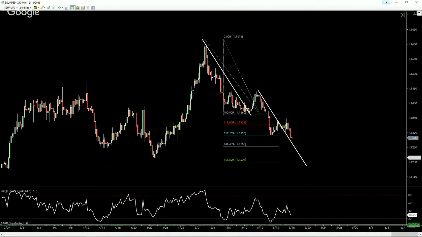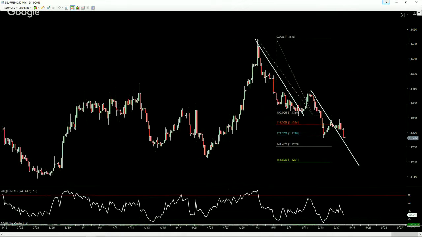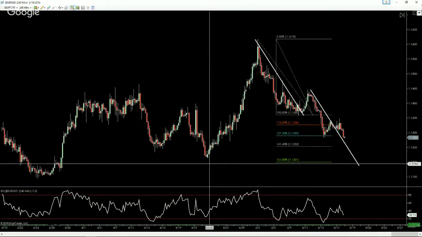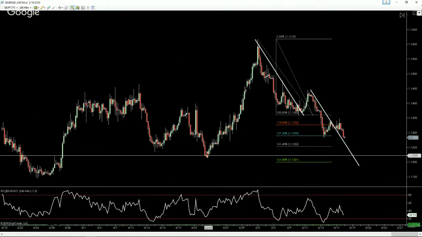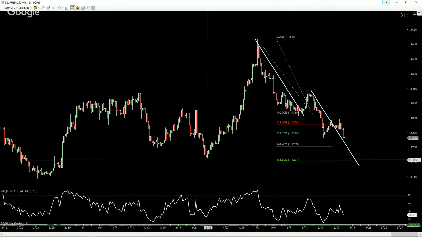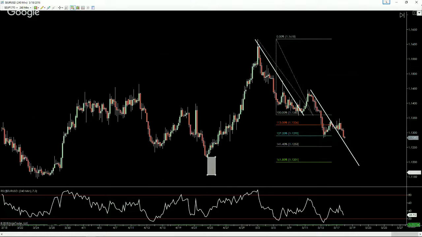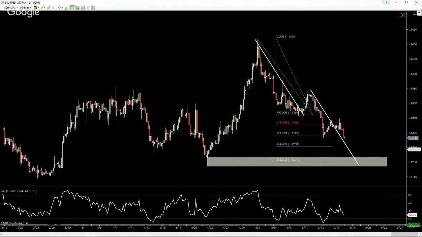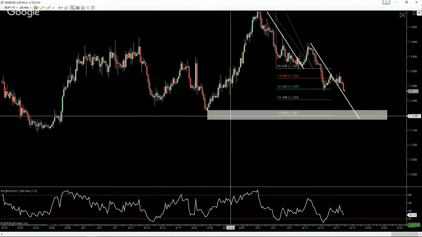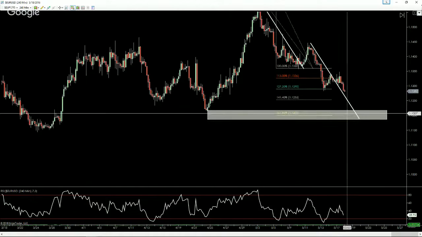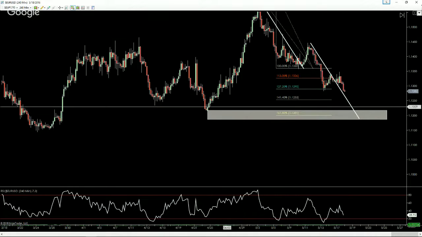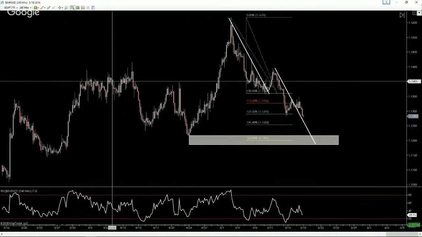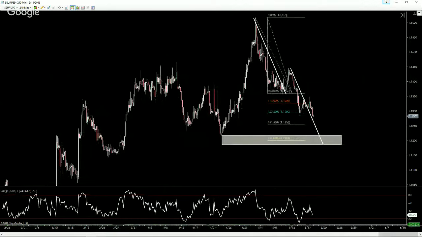If price comes down to this zone right here, about the 112 even, if price comes back down to this support zone, we could be looking at a pretty decent structure trading opportunity.